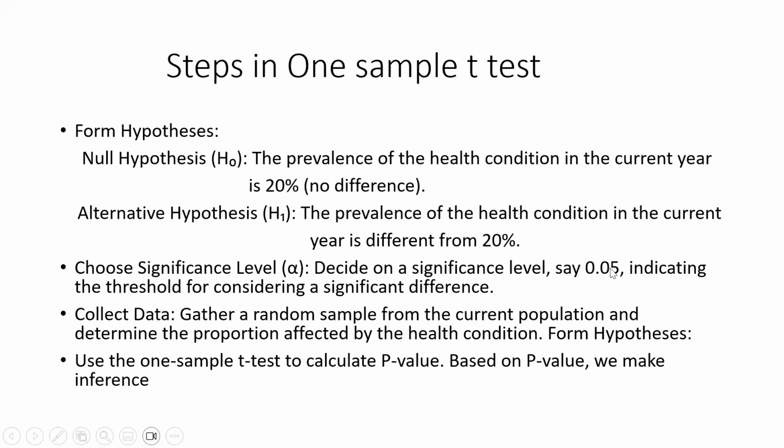If our p-value is lesser than 0.05, then we will reject the null hypothesis. That means our prevalence of 2024 is different from the prevalence of 2023. So this is how we will perform the one sample t-test for a prevalence study or an observational study.